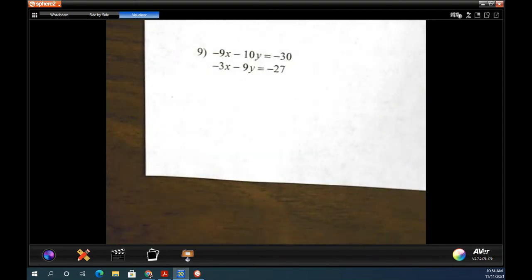Number 9. I'm going to let y'all choose. See if you can work that one on your own. I have my theories of what I would do, which variable I would get rid of. You doing this, Kenzie?